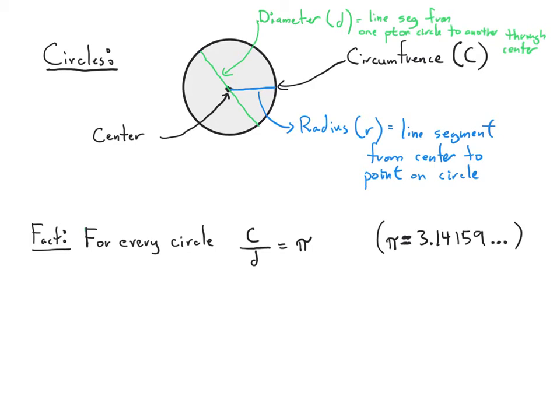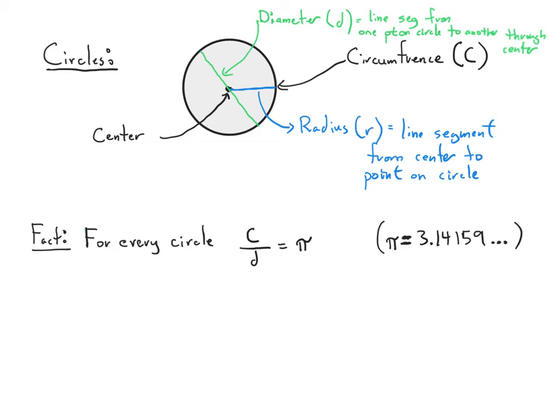So any line segment that you draw from one point on your circle to another, but through the center, is a diameter. So we have a diameter. And the perimeter of your circle we call the circumference. So that is the length of the outside of your circle.